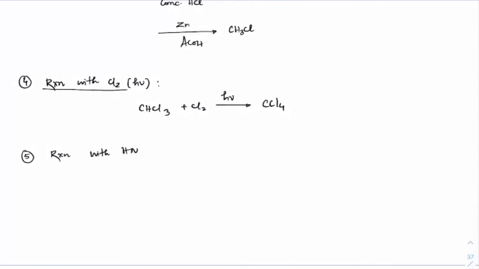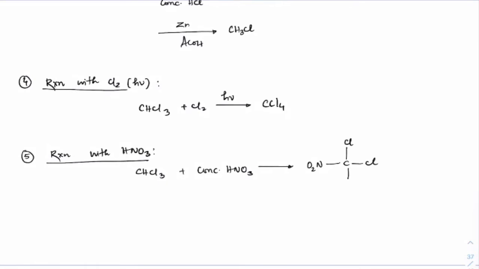Reaction with HNO3. CHCl3, chloroform, if it reacts with concentrated HNO3, it forms CCl3NO2. Basically it is removing that H with NO2 and we will get CCl3 formation here.